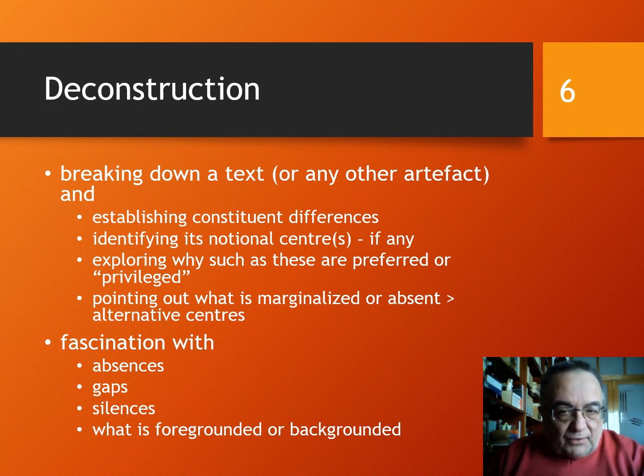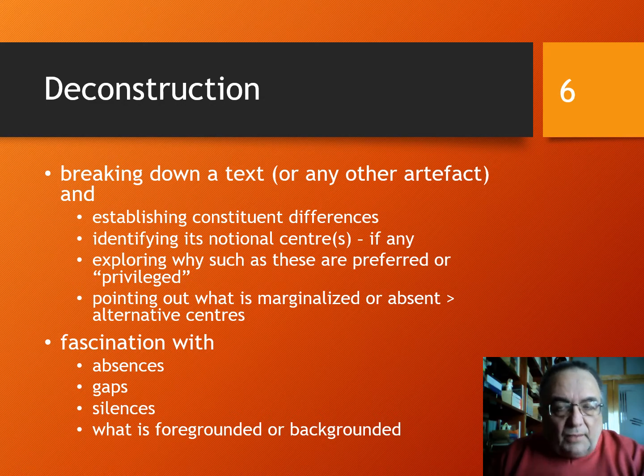So we get to constituent differences. And as I showed you in my previous drawing, a small circle, a bigger one, a red one, or a triangle, or a square, or anything of the kind.